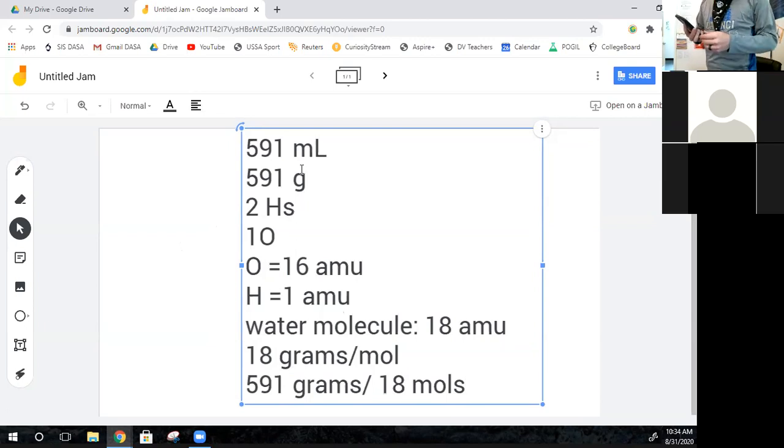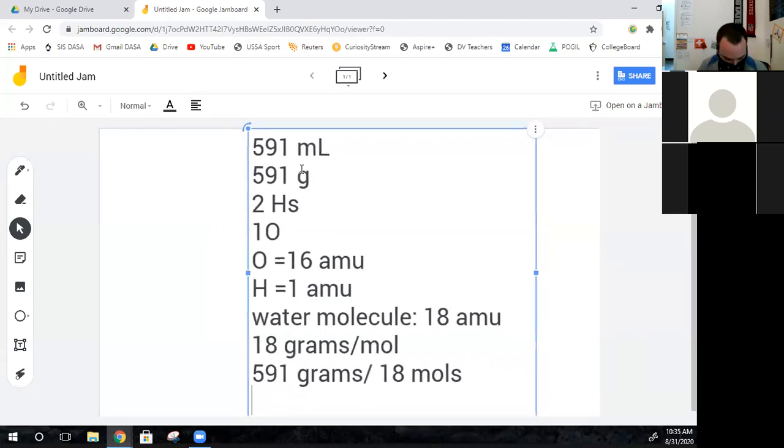I don't want to walk all the way over there to go get my calculator, so it's calculator time on the phone. 591 divided by 18. That gives us 32.83 moles.